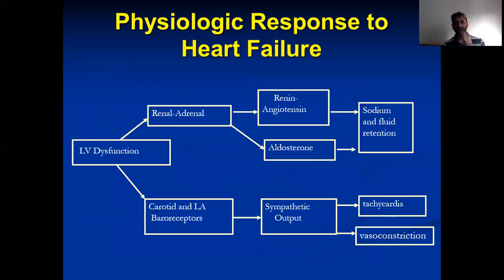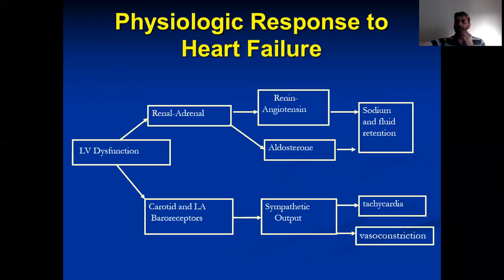Let's come to the physiological response of heart failure. What's happening when you have a failing heart? Any structural problem in cardiac pumping activity leads to hypoperfusion of the peripheral organs.